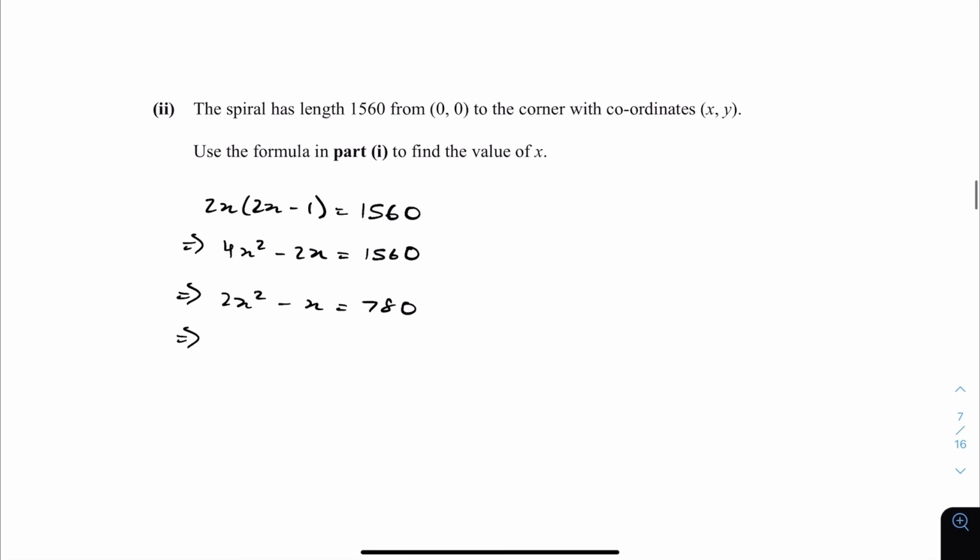And then we rearrange to set it to 0 to make it a quadratic form. Minus 780 is equal to 0. So we can now equate this quadratic to 0. And we can do this one of two ways again. We can either substitute this into the quadratic formula, or we can use our GDC and plug this into the graphing section of it.